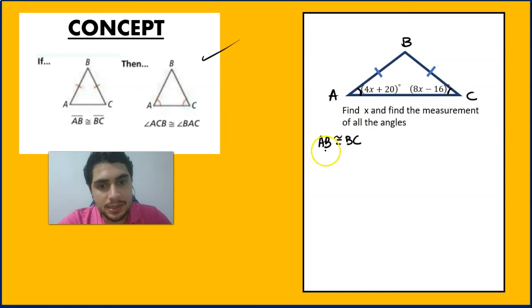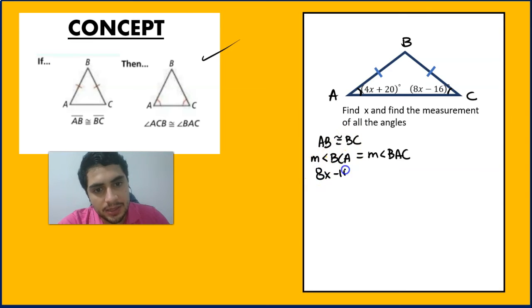So the measurement of angle BCA is going to be equal to the measurement of angle BAC. And now that we do that, we can actually substitute for the values we have. So BCA is 8x minus 16, and that is going to be equal to BAC, which is 4x plus 20.